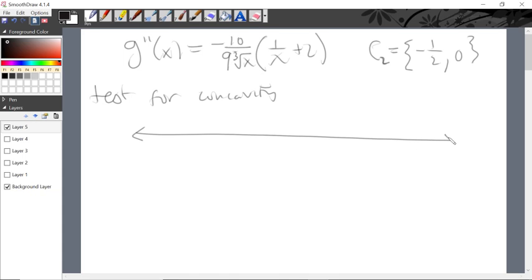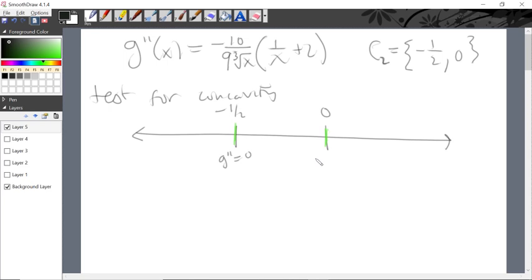So we have all real numbers, that's the domain of g, and we take out negative 1/2 and we take out 0. At negative 1/2, the second derivative is equal to 0.